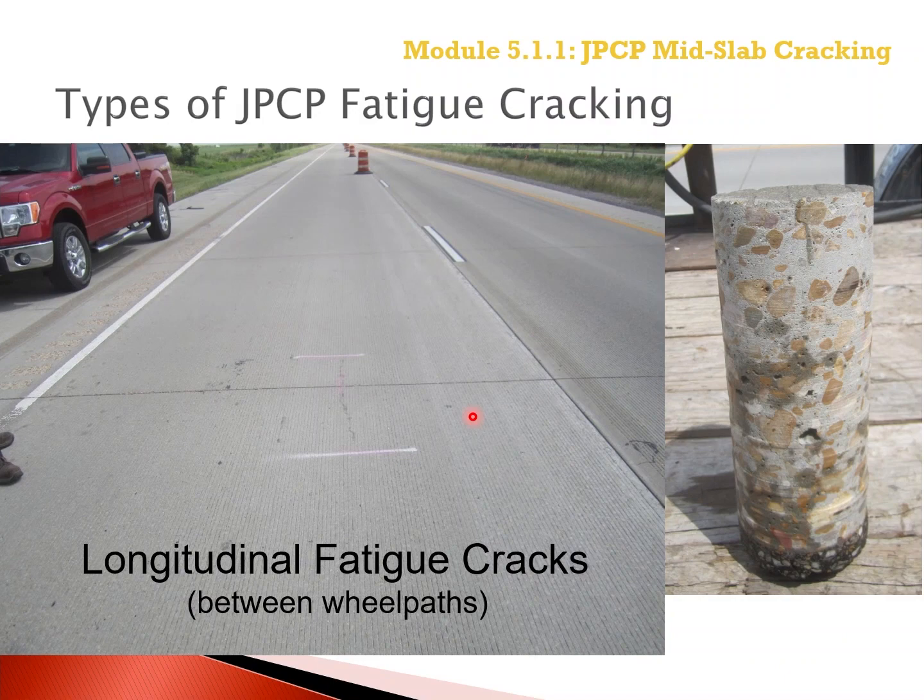Longitudinal cracks can occur, which are also a fatigue-related crack in the slab. So a slab with a longitudinal crack and no other cracks is counted as a cracked slab. The core, shown on the right of the slide, was taken along a roadway segment and shows a top-down crack in the Portland cement concrete slab.